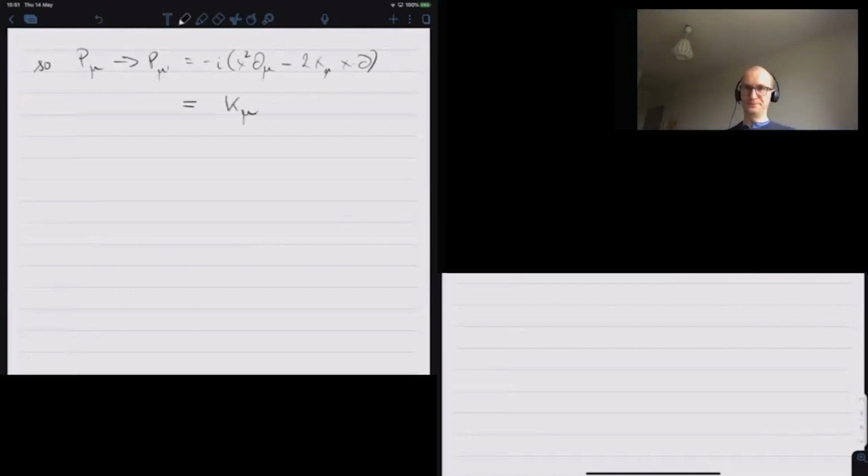This is k mu. So the operation of inversion, which is the same as conjugation in Euclidean signature on the cylinder, actually maps p mu to k mu.